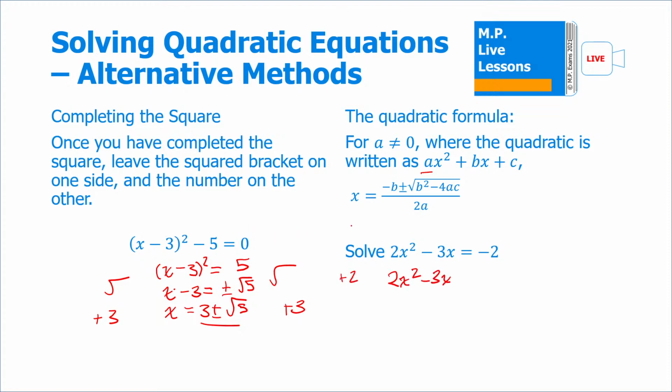So I'd add 2 to both sides. So you'd have your values a as 2, b as negative 3, and c as positive 2.